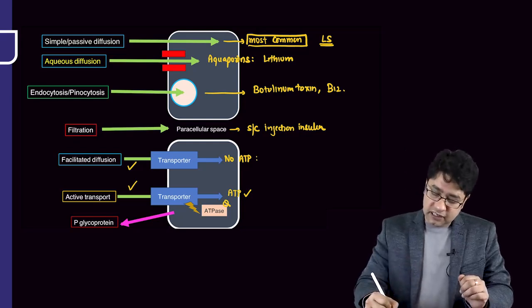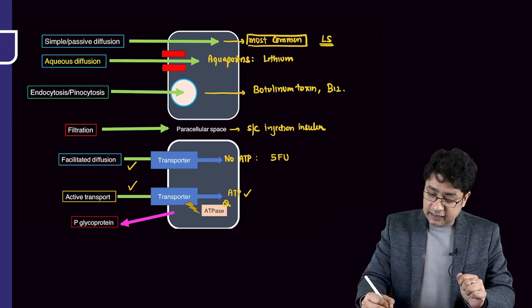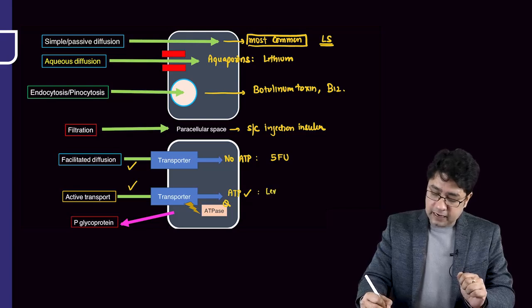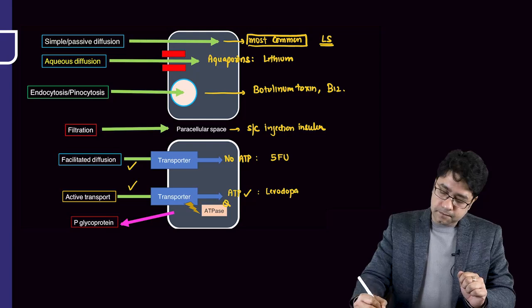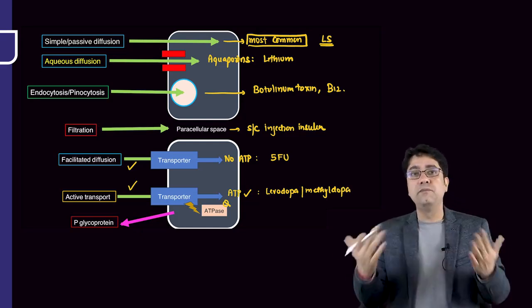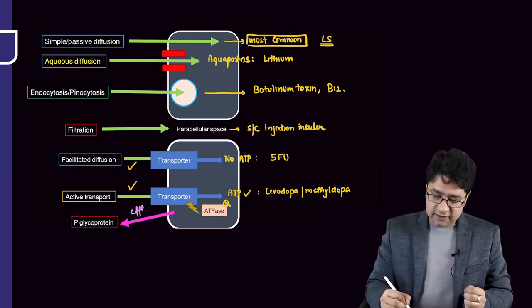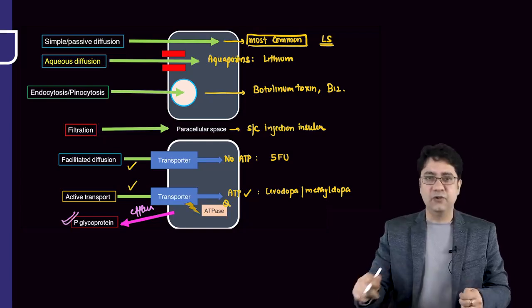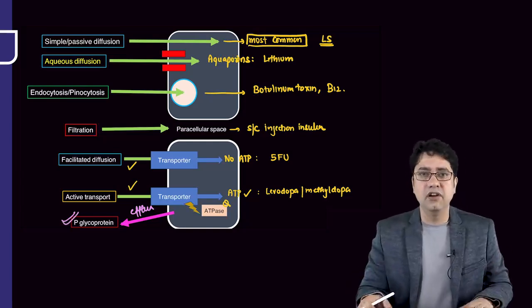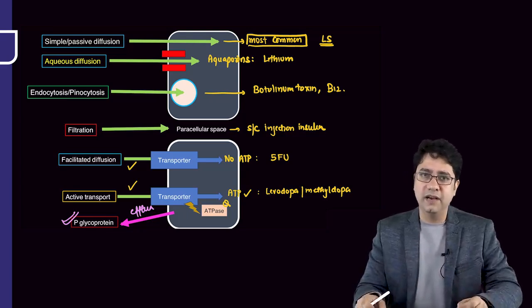The drug in facilitated diffusion is 5-fluorouracil and the drugs in active transport are levodopa and methyldopa. So this is the summary. And the transporter I have told you that produces the opposite effect, removes the drug back, that is drug efflux, is by P-glycoprotein. So this is the summary of all transporters, or how the drug crosses the cellular barrier.